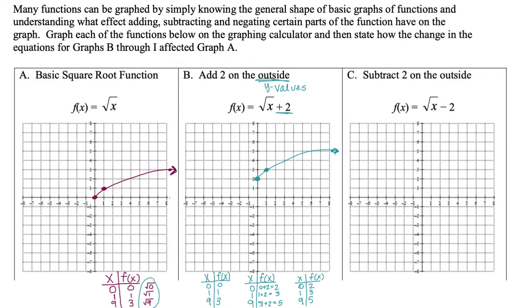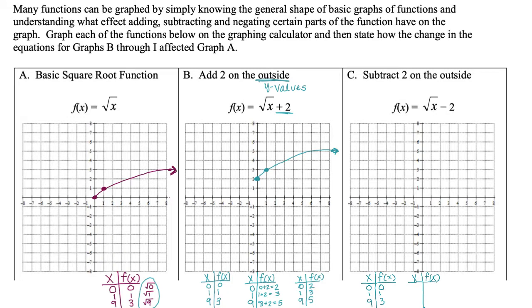So again, let's go ahead and build our basic t-chart, and again that basic t-chart, x and f of x, and it was 0, 0, we had 1, 1, and we had 9, 3, and now we're going to build a working t-chart here. And what are those instructions telling us to do? Notice it's saying to subtract 2 on the outside.